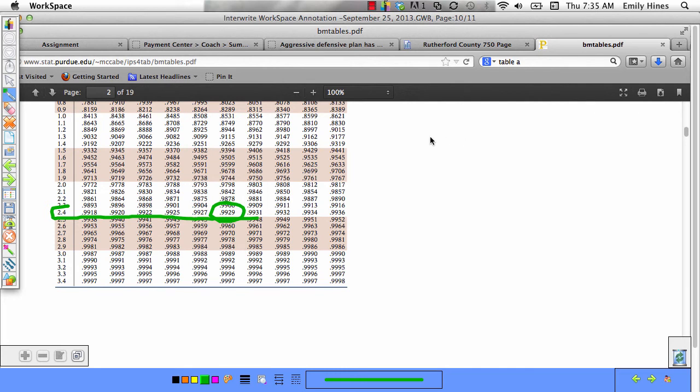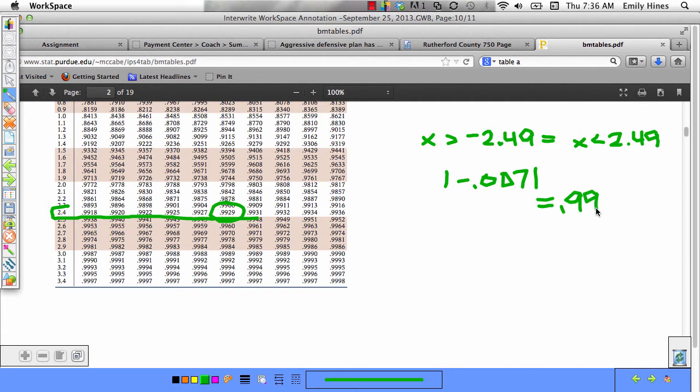So the area greater than negative 2.45 is the same as the area that is less than positive 2.45, and it's 1 minus 0.0071, and if you check this, that is 0.9929. So that is how we use Table A.